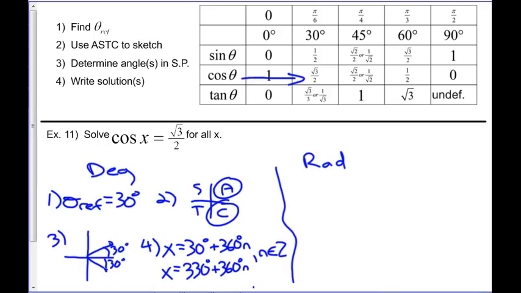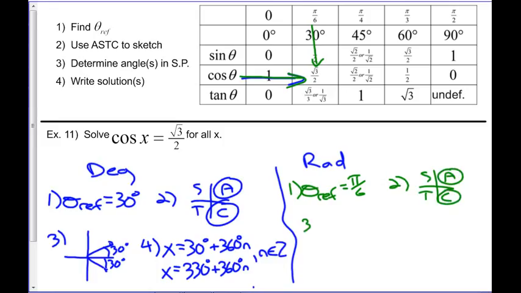Okay, if we were to do it in radians, well, we'd do the same thing. Look for a cosine of root 3 over 2. Theta ref is pi over 6. Of course, we're still in the same quadrants because it's still the same question. There's pi over 6. Here's pi over 6.